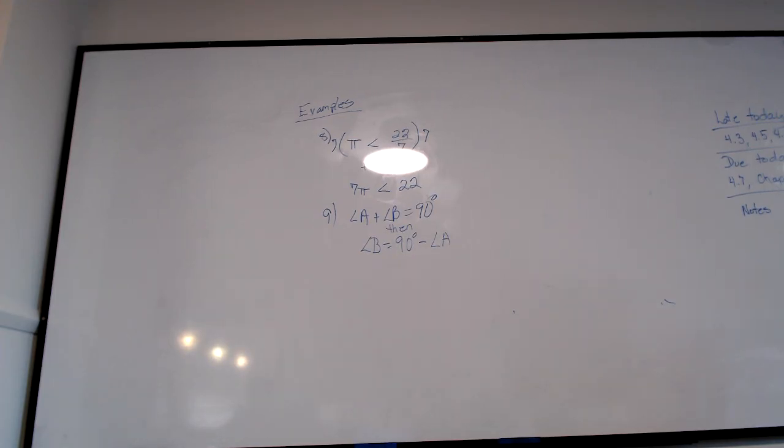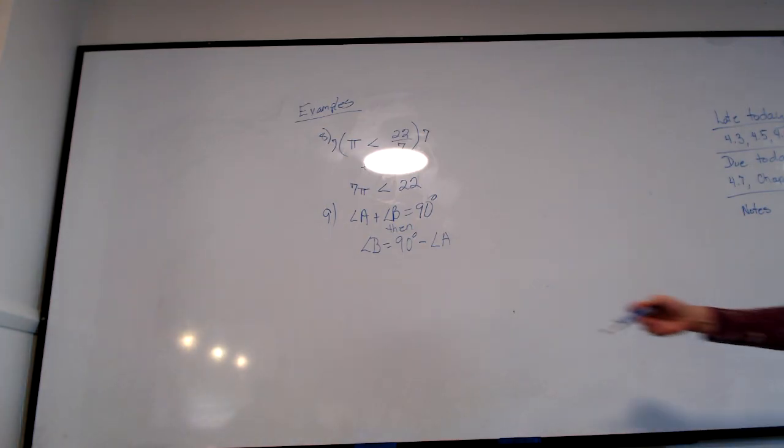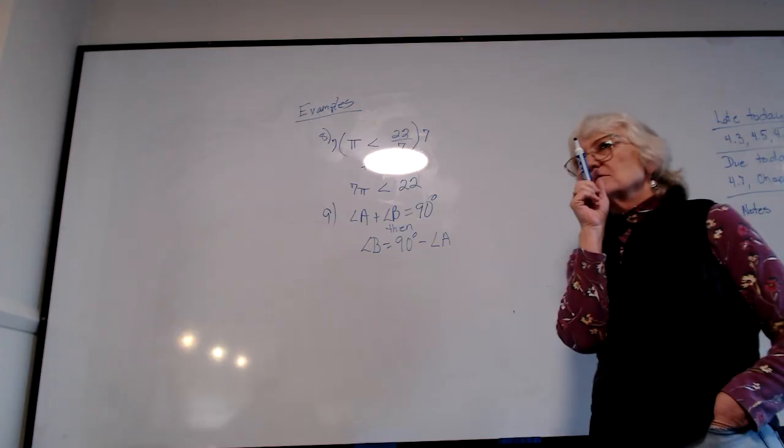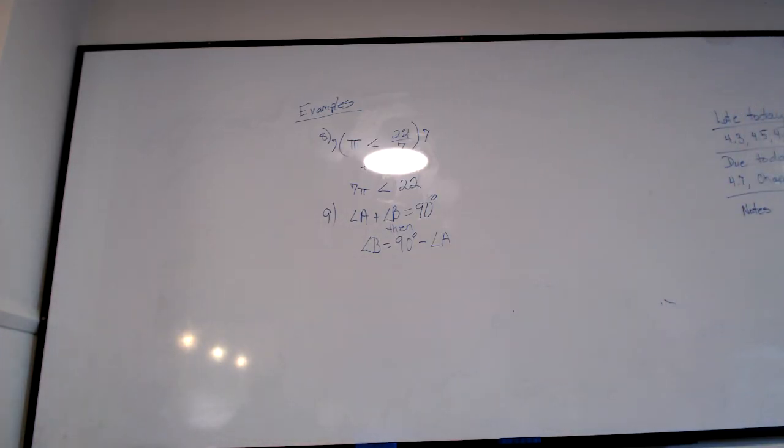What did I do to move that? So I got rid of the angle here, and I subtracted it here. So what did I do to both sides? Yeah, I subtracted angle A from both sides.